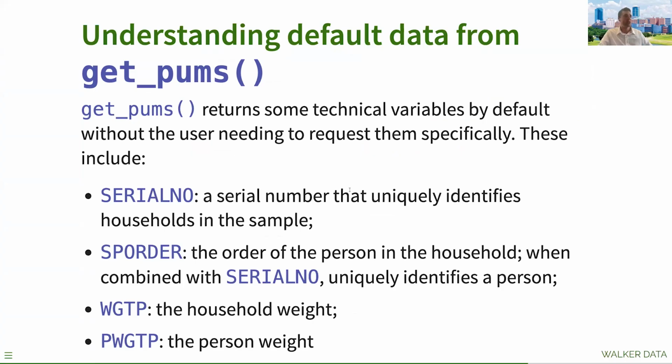GetPums returns these technical variables by default. So SPORDER combined with serial number uniquely identifies a person, serial number uniquely identifies a household. WGTP is the household weight. You'll notice for group quarters, the household weight is 0 because they're not really considered to be a household if you're in a college dormitory. And then PWGTP, that's going to be your person weight.